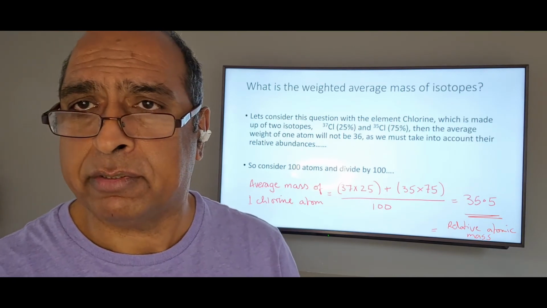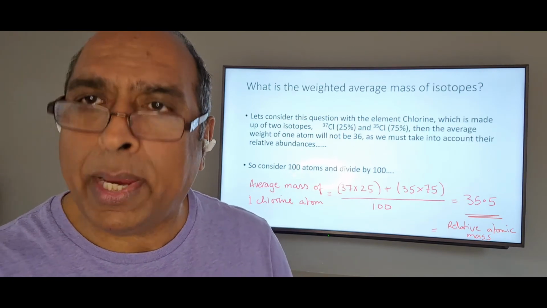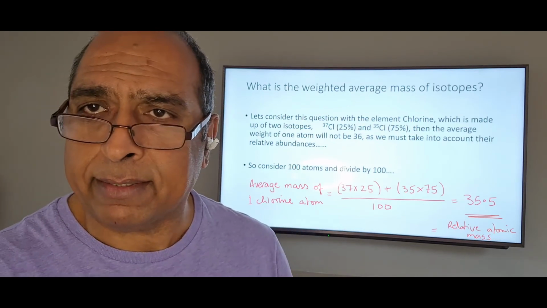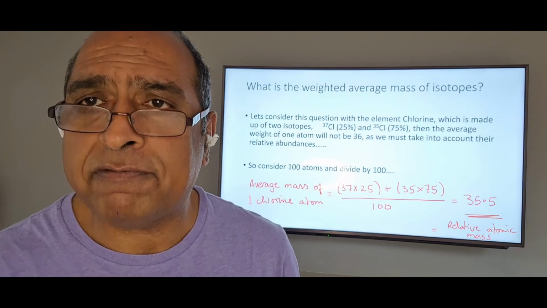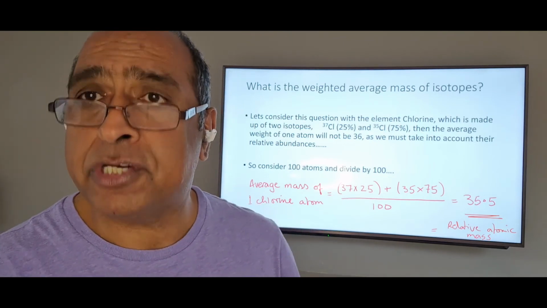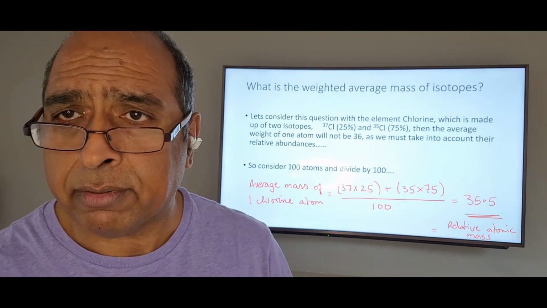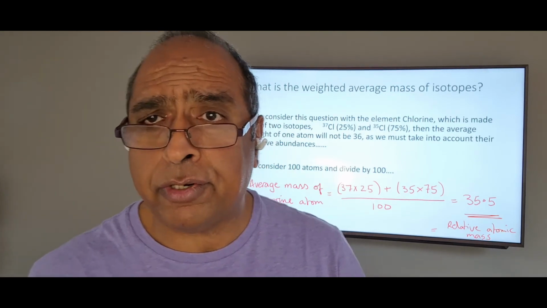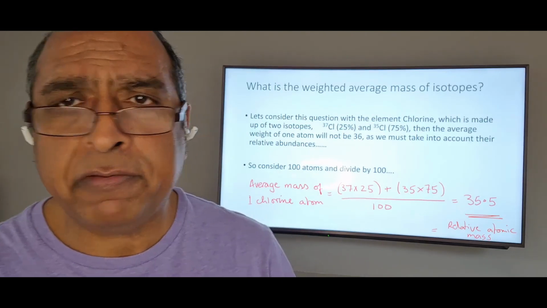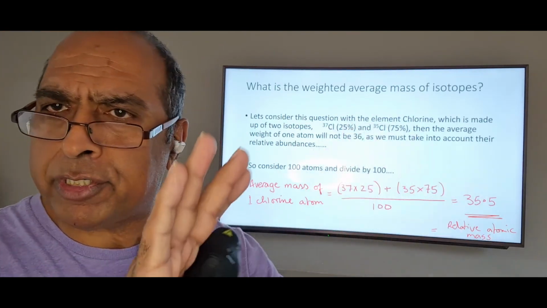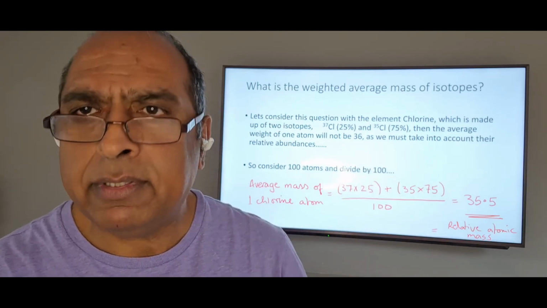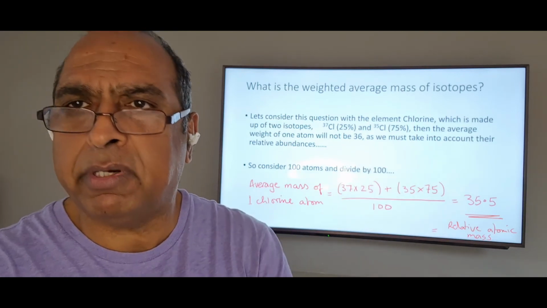But we haven't got that. We have to do what's called a weighted average, because we've got a lot more of the lighter atoms, the chlorine 35 atoms. Then our calculation has to be weighted to take that into consideration. What I urge you to do is to consider percentages, even if you're given the ratio 3:1, lighter to heavier, you'd convert that to 4 parts.